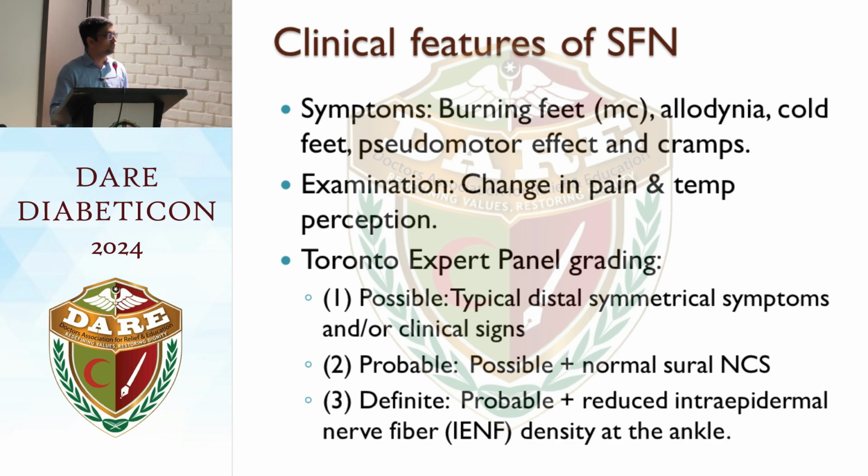Whereas small fiber neuropathy causes more pain, positive symptoms, and also change in the perception of temperature. The clinical examination is more evident in large fiber neuropathy, whereas it is not so conspicuous, or not so evident, in small fiber neuropathy.